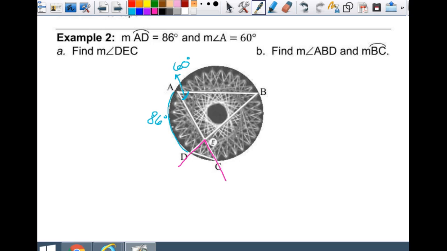Like what other kind of properties might I be able to use, Adriana? Is that angle part of anything else besides a circle? Triangle. You see it's part of a triangle. So maybe I can use the fact that this is a triangle here to help me. Does that make sense? Okay?